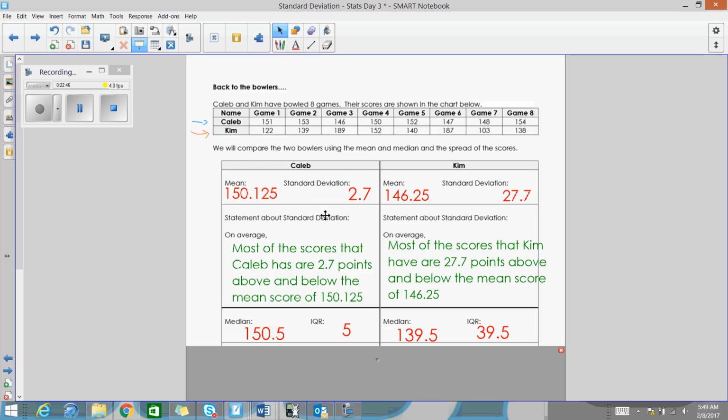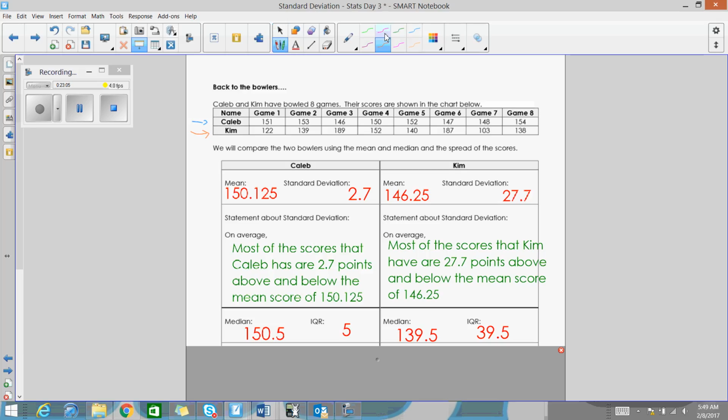So if you want to talk about somebody being consistent, this guy Caleb is very consistent, because that means that most of his scores will be somewhere between 147 and 152 or 153.